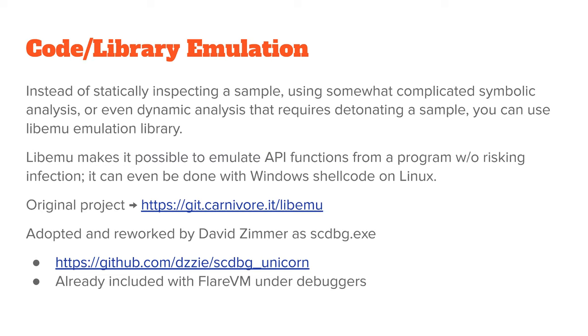So lastly, code library emulation. I'm just going to go through this real quick because we're slightly over the time limit. So instead of statically inspecting a sample using somewhat complicated symbolic analysis or even dynamic analysis that requires detonating a sample, you can use the libemu emulation library. Libemu makes it possible to emulate API functions from a program without risking infection. It can even be done with Windows shellcode on Linux.